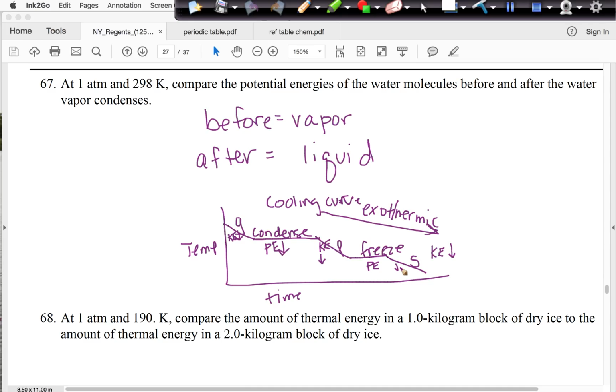At each of these times, it's the energy that's decreasing. So kinetic energy decreases in a single phase. Potential energy decreases at a phase change. So the gas is at a higher potential energy, and the liquid is at a lower potential energy.